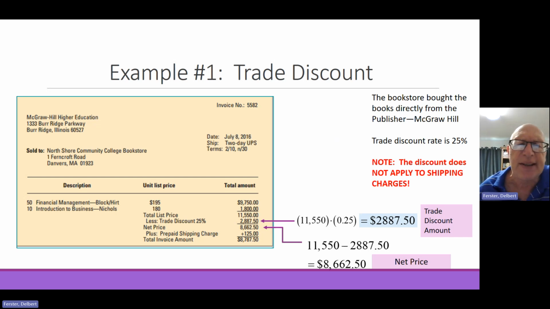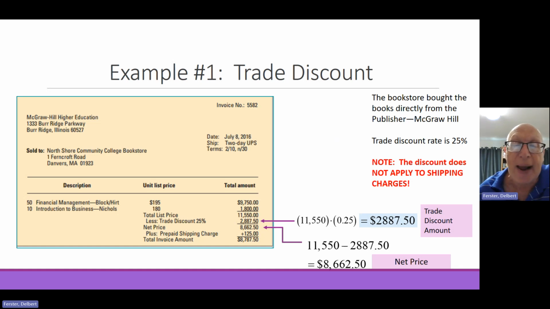On this slide, you see a sample invoice, and I've taken the liberty of showing the numbers that are pertinent to us as we talk about trade discounts. This particular trade discount's 25%. So the list price shown there at $11,550 is being discounted by a rate of 25%, and that turns out to be $2,887.50.